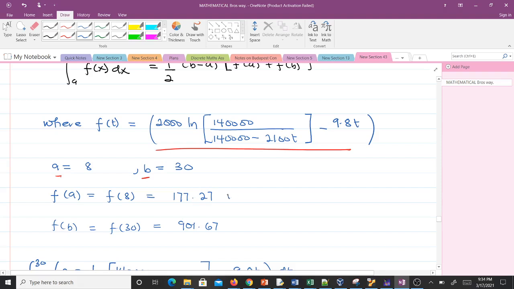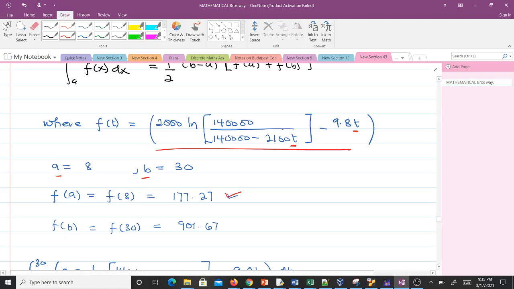So wondering how we got this value, this is how we got it. We take the f of t, then wherever we find t, we put 8 there. So we put 8 here and put 8 here as well. And you compute that on your calculator to 2 decimal places, it will give you 177.27.